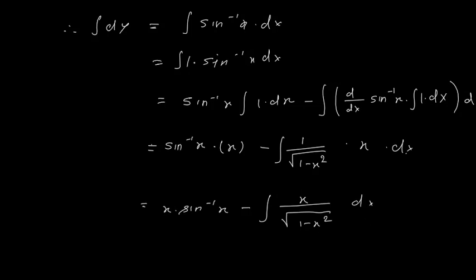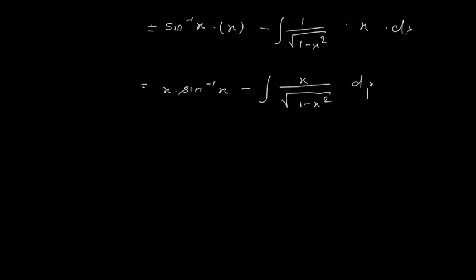So here we can do adjustment or we can do substitution also. Let me do adjustment. This is x into sine inverse x, then here I will multiply by minus minus, so I will take plus 1 upon 2 integration, here it is minus 2x upon root of 1 minus x square dx.